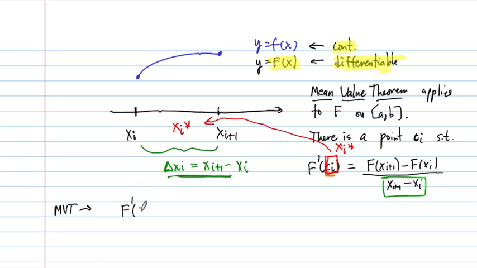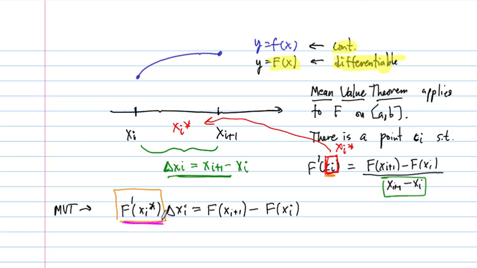F prime at xi star times delta xi is equal to this difference, F of xi plus 1 minus F of xi. Right endpoint minus left endpoint. Okay? Now, one more step and then we can really get chugging with this proof. But the next step is to notice, because capital F is an antiderivative of little f, what's big F prime equal to?